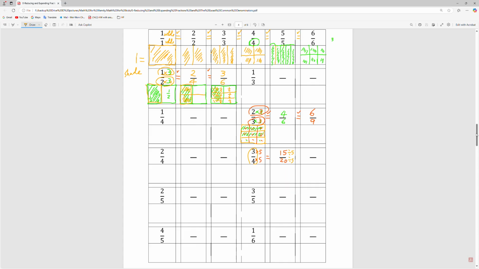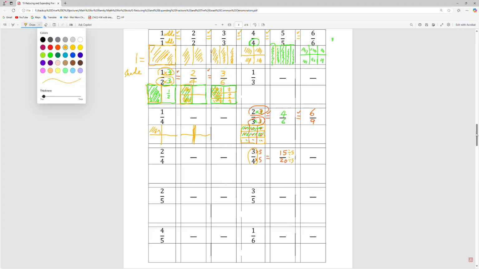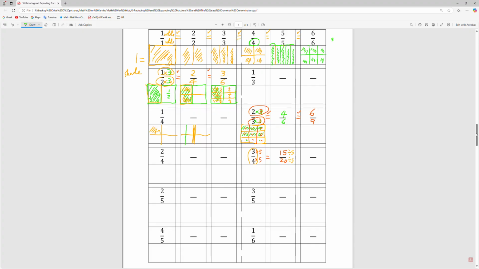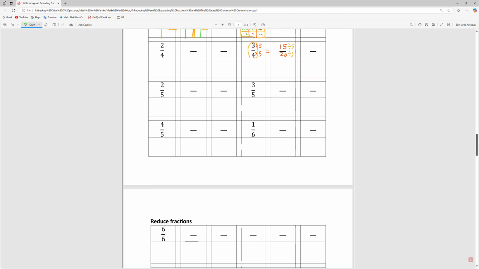Okay, you can try to draw your shade, and if you times 2, then everything is divided by 2. Each little part is divided by 2. So you have this. So 2 over 8 when you times 2, everything is divided by 2. And it should be equal. So you can keep going to finish the whole chart by yourself.